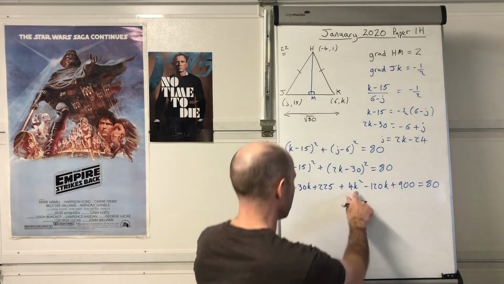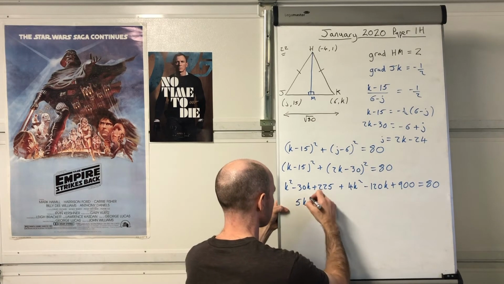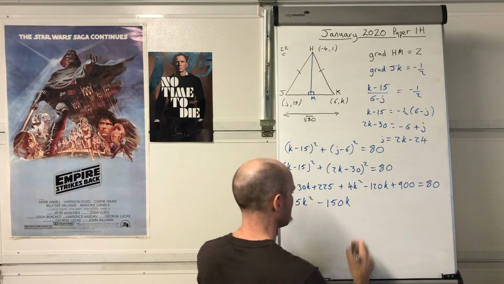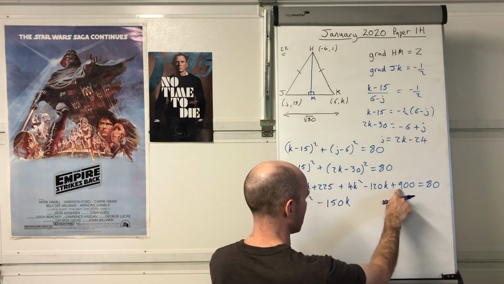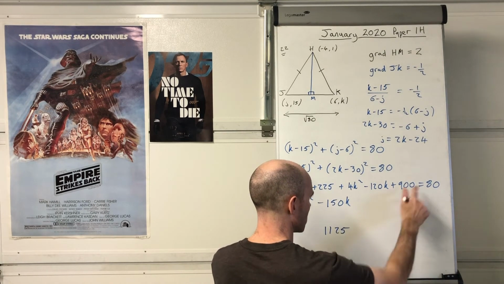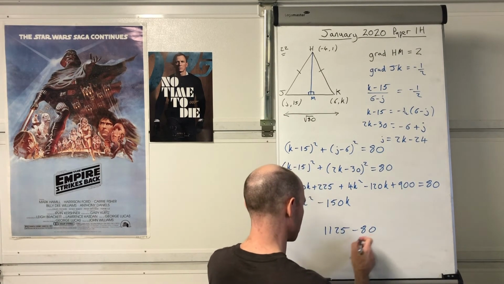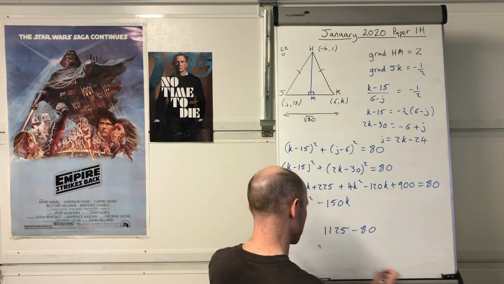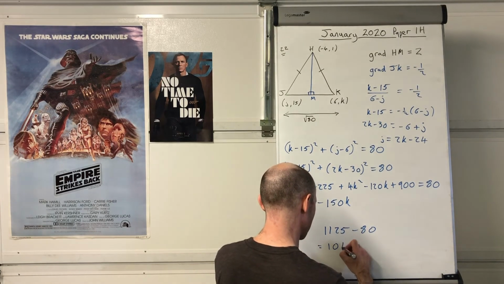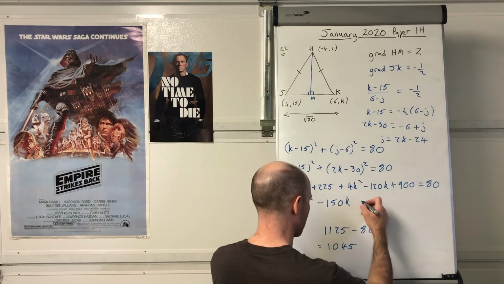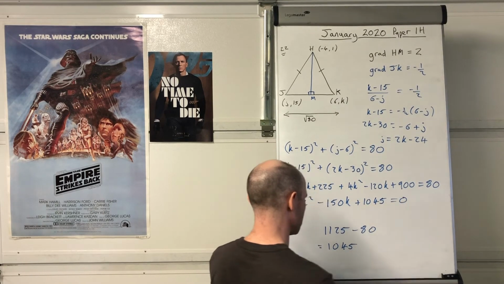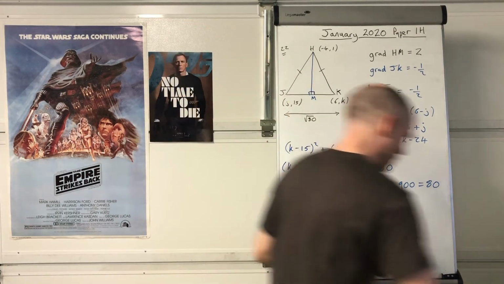And then you've got that plus that is 5k squared, and that is subtract 150k, and then you've got that plus that is 1125, okay, and then I will subtract 80, okay, so 1125 subtract 80, that's equal to 1045, so plus 1045 equals 0. Yeah, let's just rub that bit off.